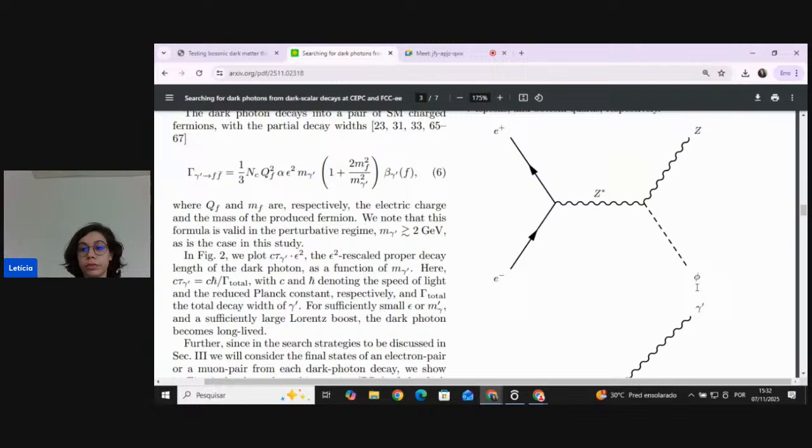So the mass of the dark photon is given by this dark scalar field via the VEV at the symmetry breaking of the U(1) that is inducing this dark photon.